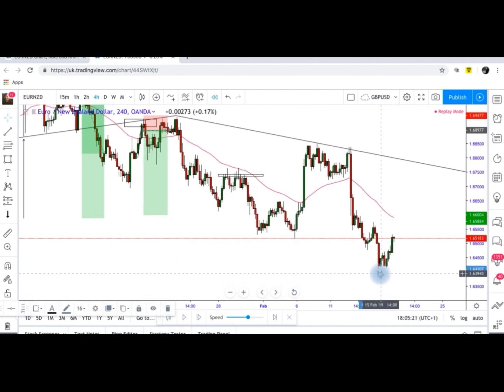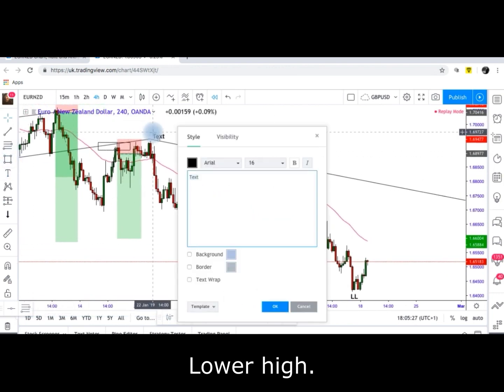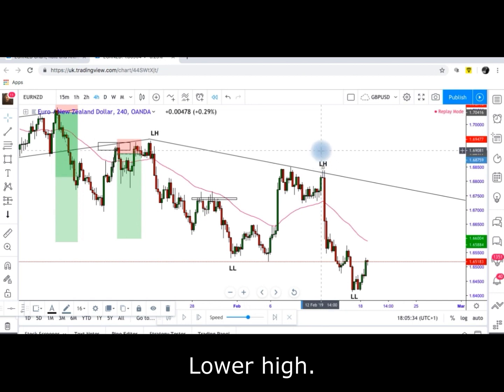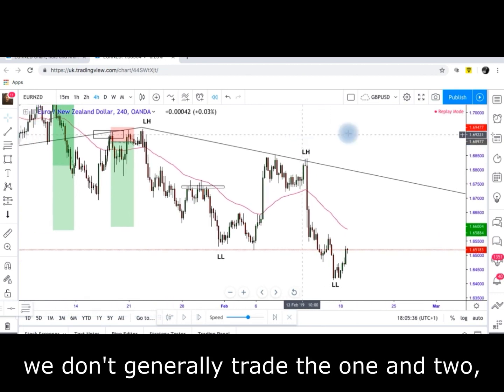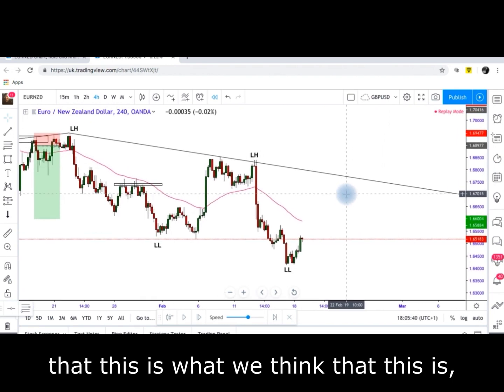Lower low. Lower low. Lower high. Lower high. So we've got 1 and 2. We don't generally trade the 1 and 2, because we need it to confirm that this is what we think it is.